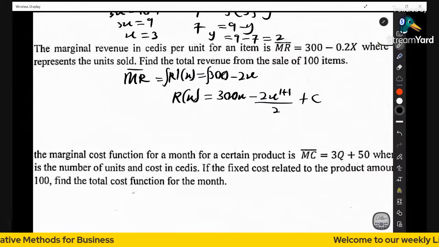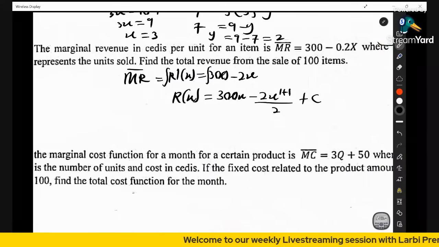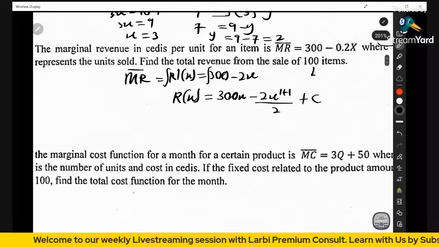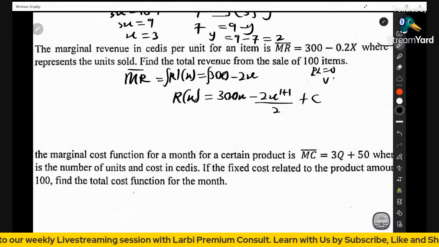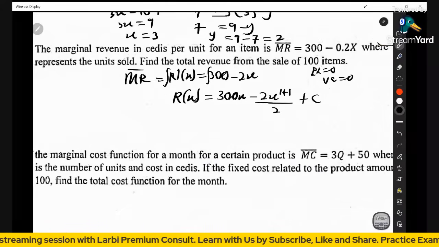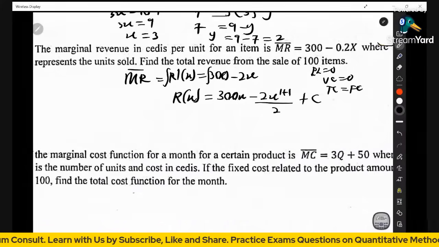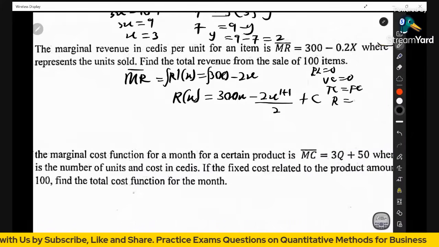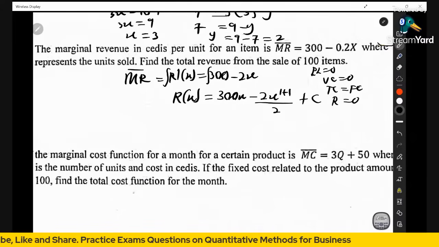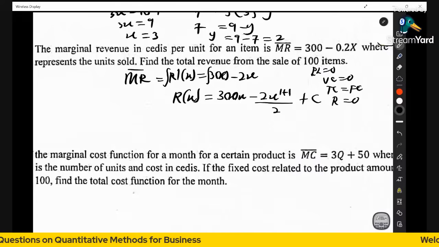Okay. So once you're able to get this, then you and I know that when we're learning the concept of integration in relation to business applications, we learn that at the production level of 0, three things will happen. When production level is equal to 0, our variable cost will always be equal to 0. Our total cost will always be equal to our fixed cost, and then our revenue will always be equal to 0. Where we don't produce, we don't get any unit to sell to actually make revenue.